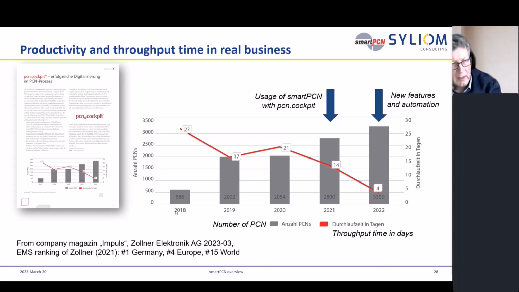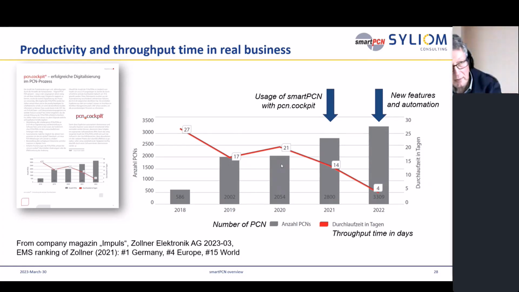So in 2018, they processed 586 PCNs. In 2019, it had been already 2002 PCNs. In 2020, 2054, and this is the curve that shows you how much time they needed. So they needed at the beginning, for these few PCNs, 27 days to process a PCN. In 2019, it had been just 17 days.